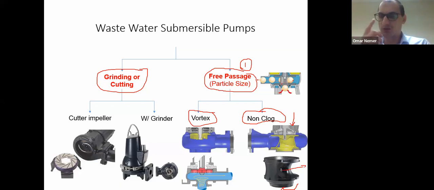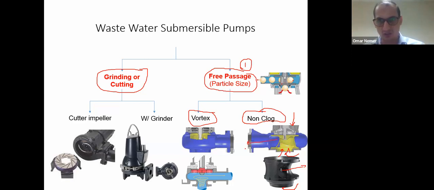This is the general shape of this impeller. The water will be sucked from here, and this impeller rotates very fast. Inside there is one vane or two or three. These vanes force the liquid to rotate and to be pumped out.